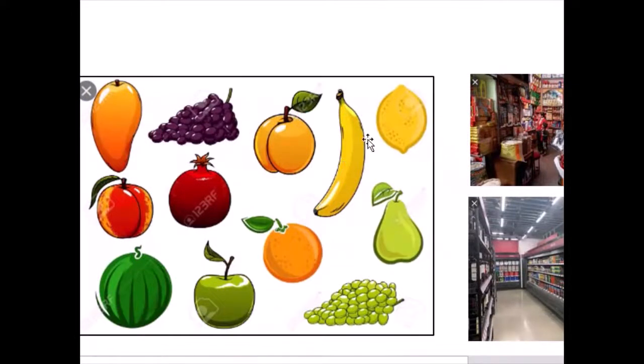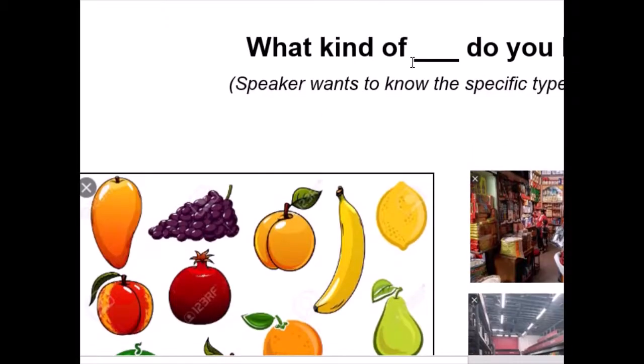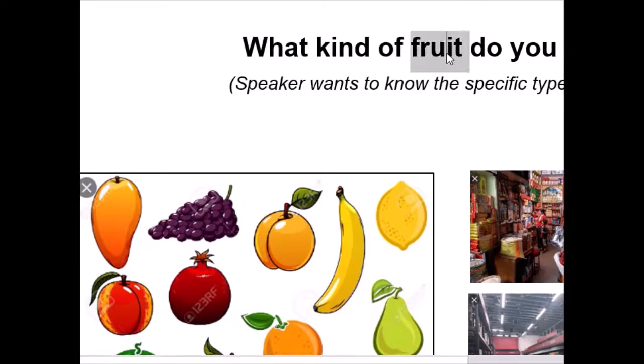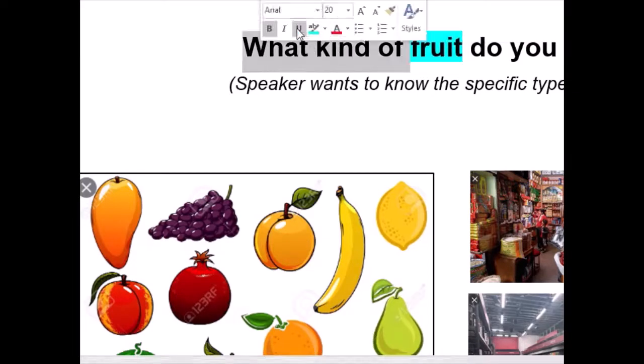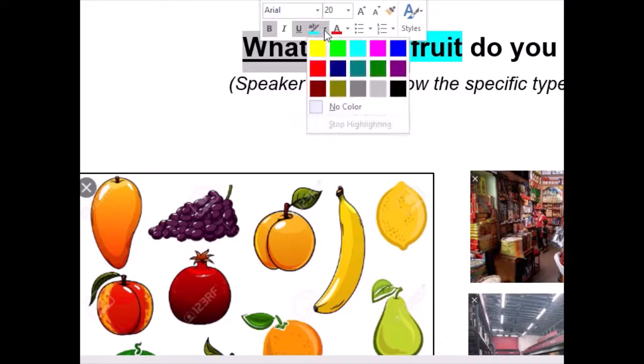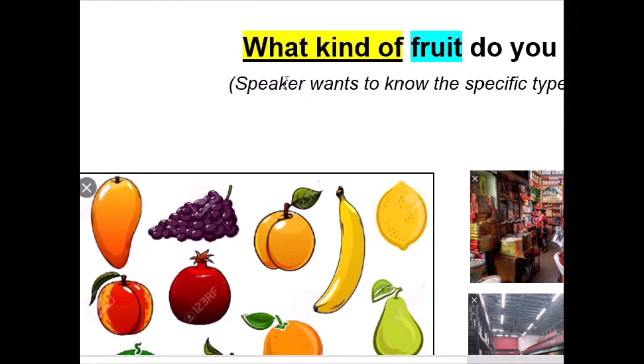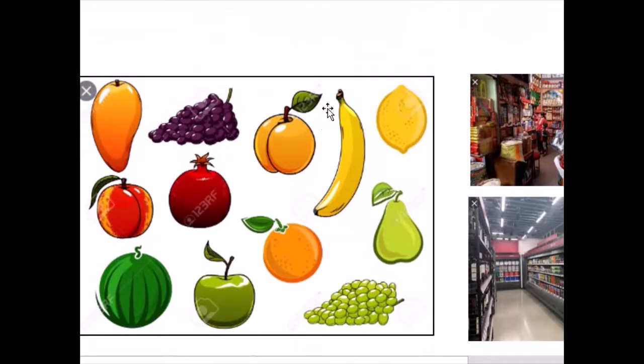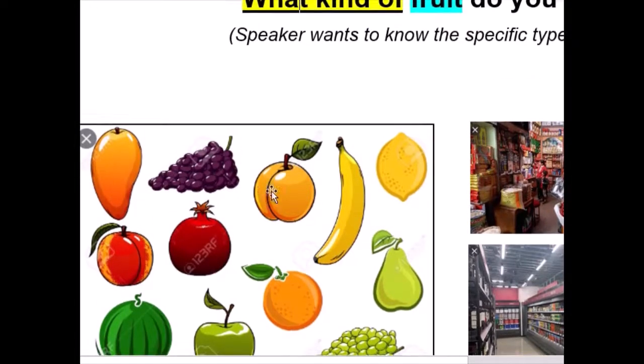Okay, so the person, I can say, I like fruit. I like to eat fruit. And then the person asks me, what kind of fruit do you like? Okay, so again, we have what kind of is our special question phrase, and then I put a noun. This is the general type, the general category, and then I give my answer.